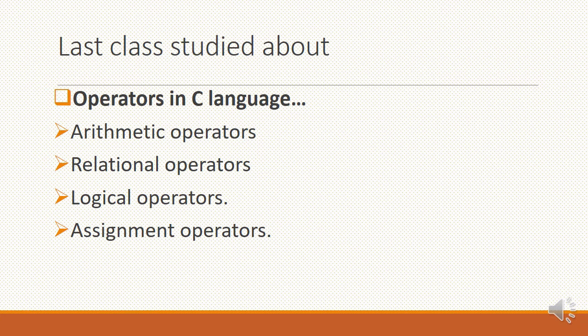So in the last class, what did you study? In the last class, we started with the operators available in the C language, and you completed all these four: the arithmetic operators, relational operators, logical operators, and the assignment operators.